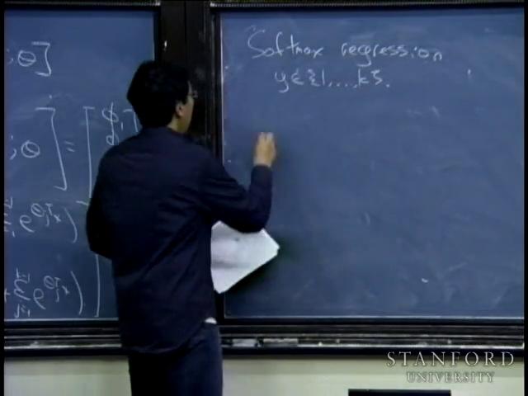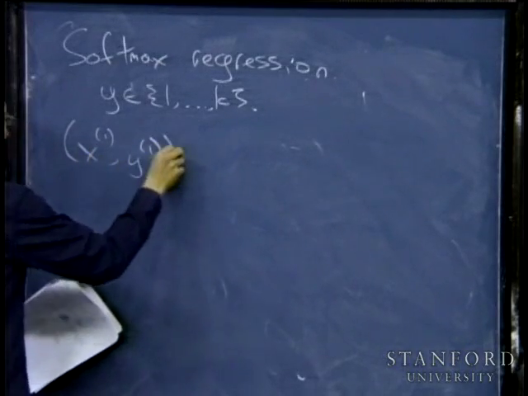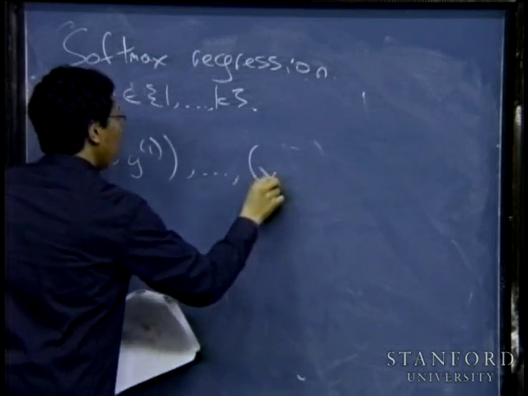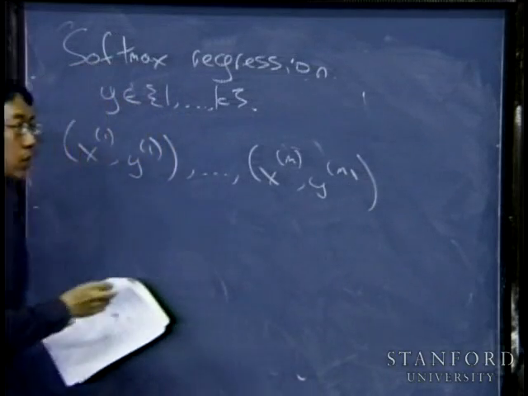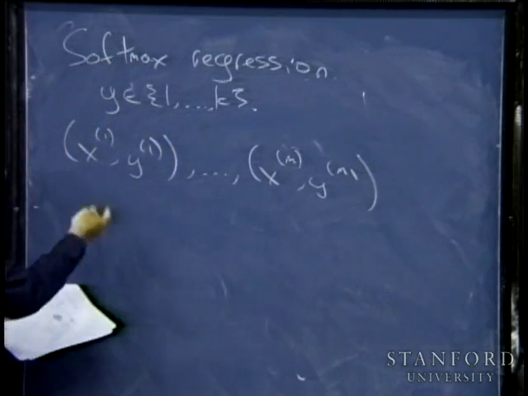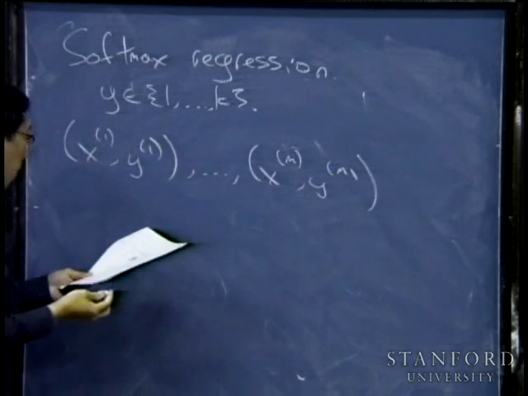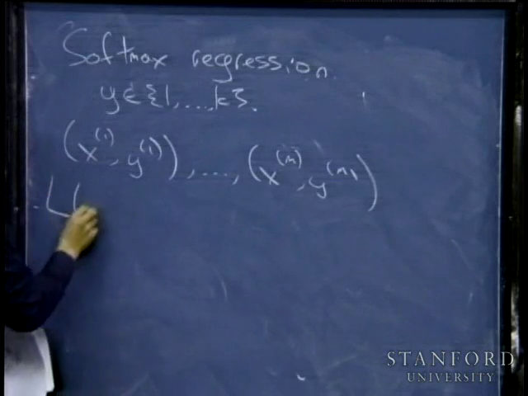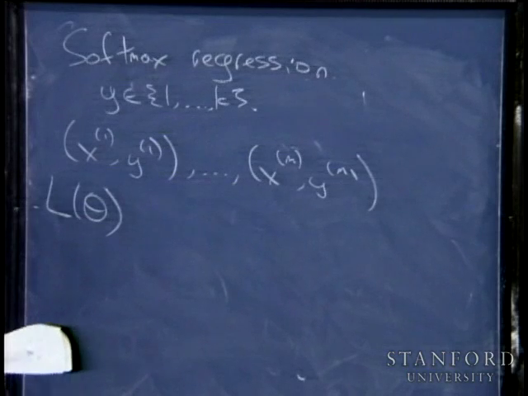And then you have this training set, right? x1, y1 up to xm, ym. So you're given a training set where each of the values of y takes on one of k possible values. And what you do is you find the parameters of the model by maximum likelihood.